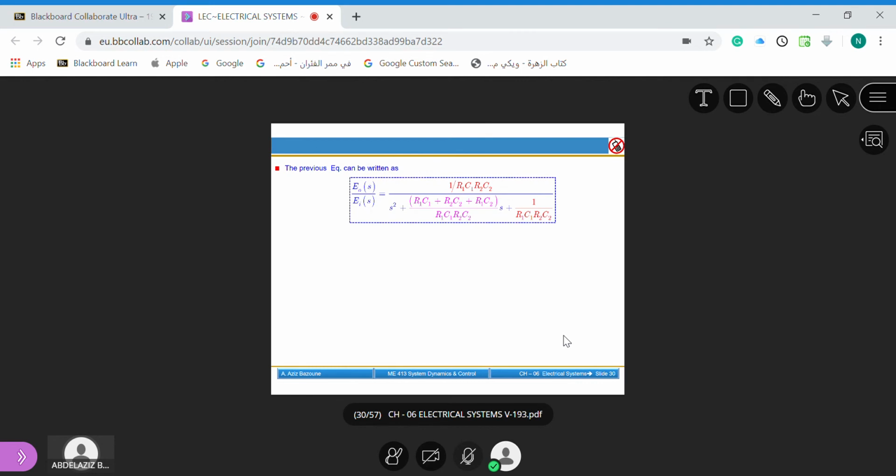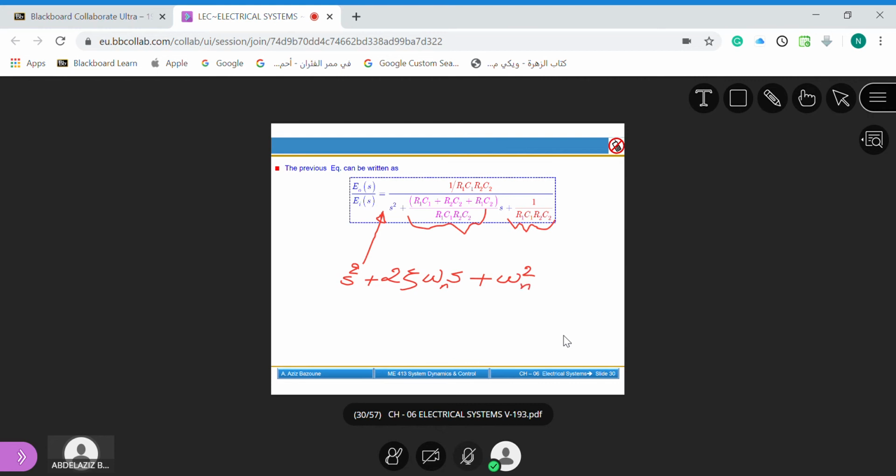It can be written also like this. In standard form, usually we leave the coefficient of S squared equal to 1. I will tell you later how we can express this. In standard form, the denominator can be written as S squared plus twice zeta omega n S plus omega squared n.